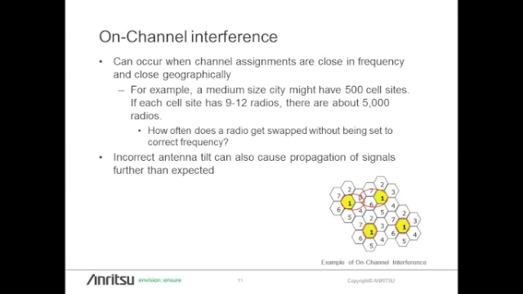So one of the issues, as I mentioned, with deployments of transmission systems, is on-channel interference. You see a little diagram, a little cellular structure on the bottom right, and I highlighted in yellow number 1 as being, say, a certain frequency band.